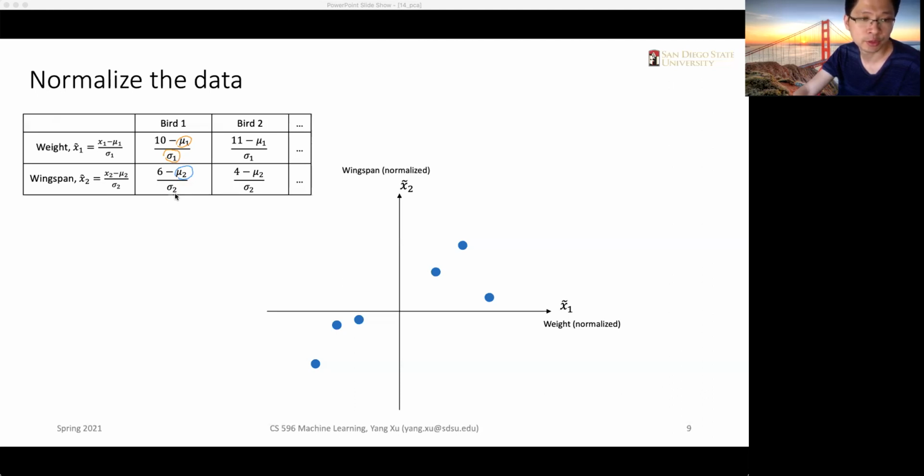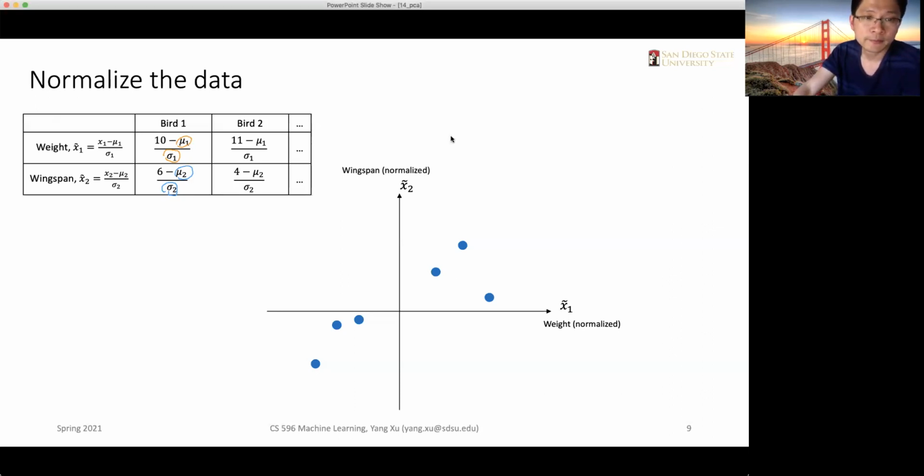This is something we are pretty familiar with. By doing this, we center the data points, and then scale the 2 dimensions so that they are on the same scale. So they are numbers close to 0 with some variance, with standard deviations equal to 1.